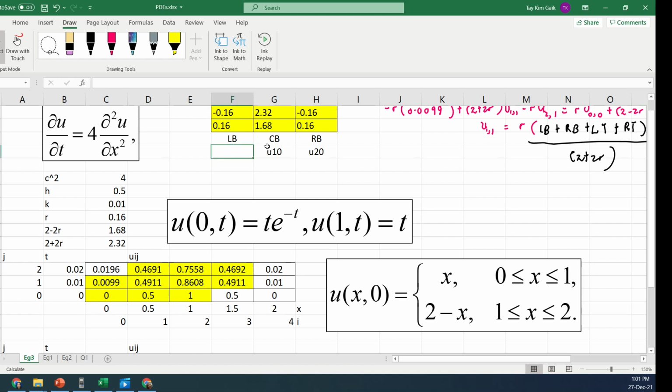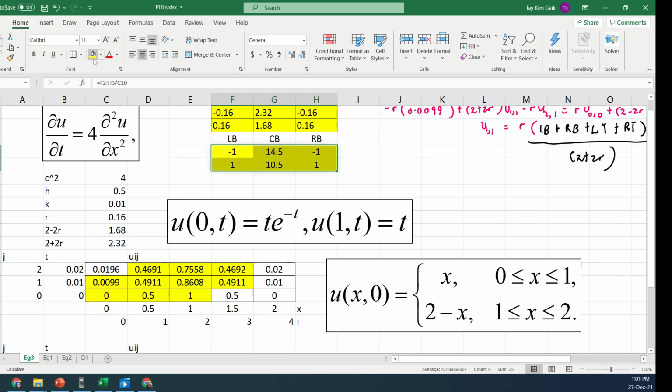Okay. In the manual, we divide everything by this molecule. Either you use this molecule or the molecule here, you should obtain the same solution.